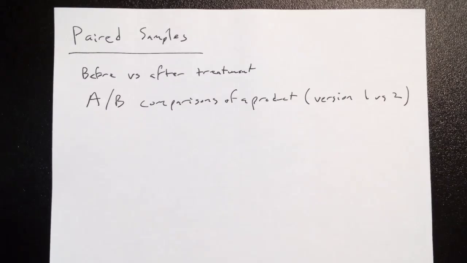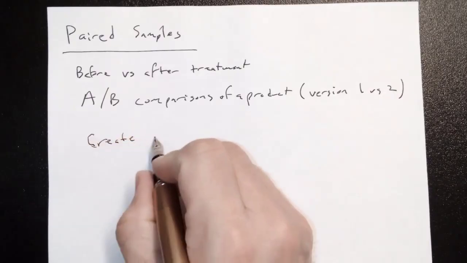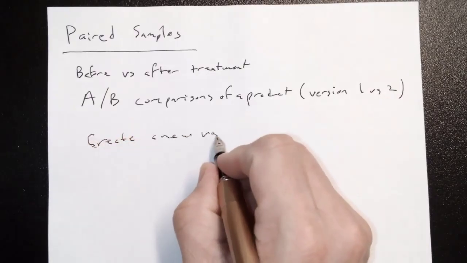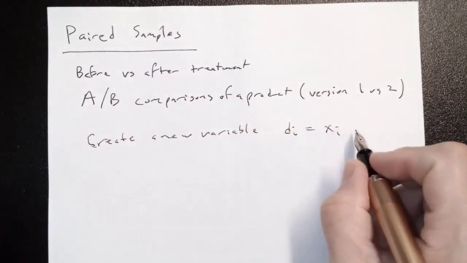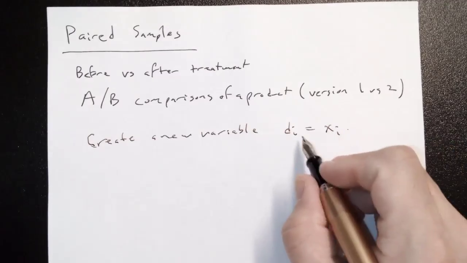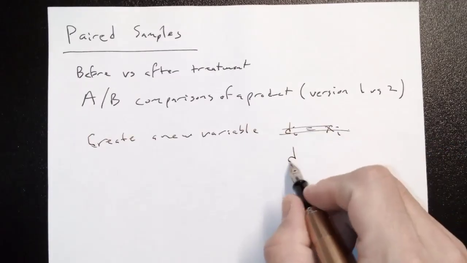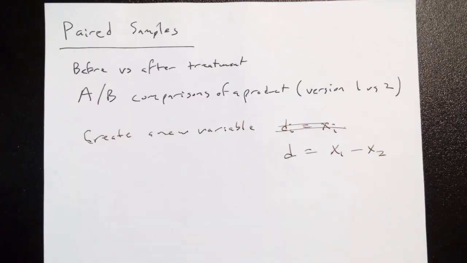So what we really do is we take the difference. Actually, I'm just going to call it D is X1 minus X2, where each set of data is paired.